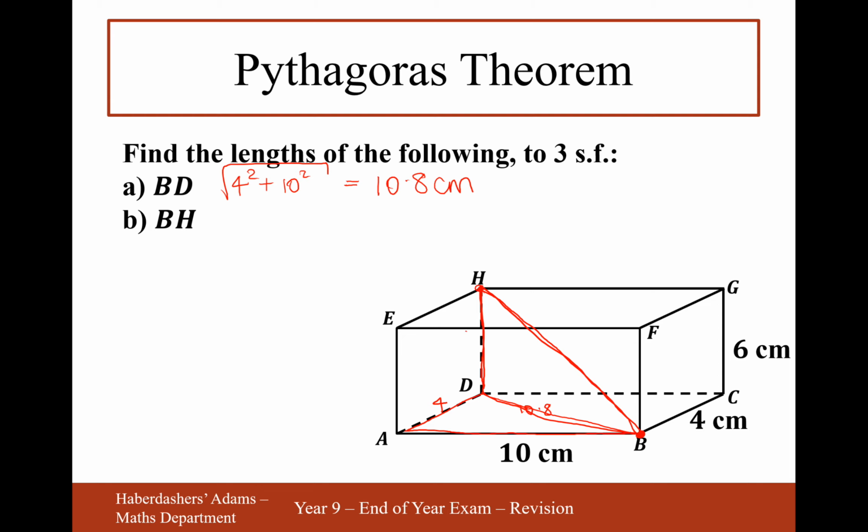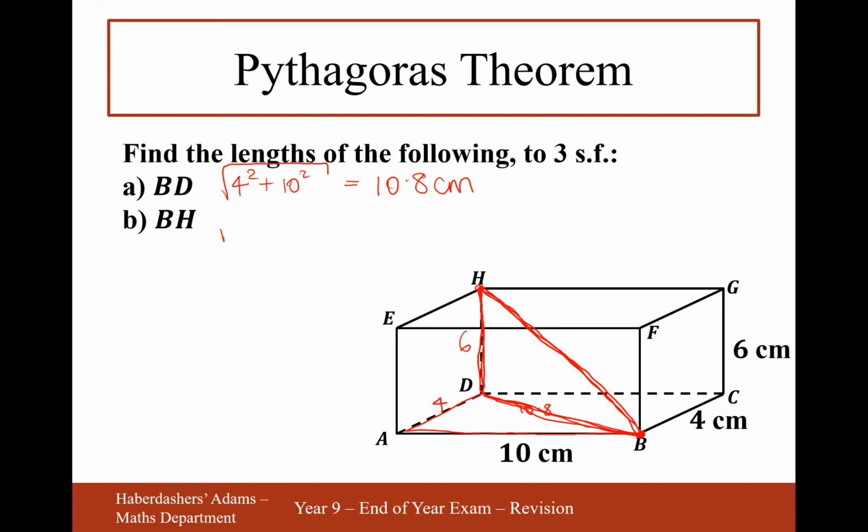The 6 centimetre line will match up over this side. So it's going to be a base of 10.8, a height of 6, and then I'll work out the diagonal from B to H. But this side, remember, isn't exactly 10.8, it's 10.77032961.